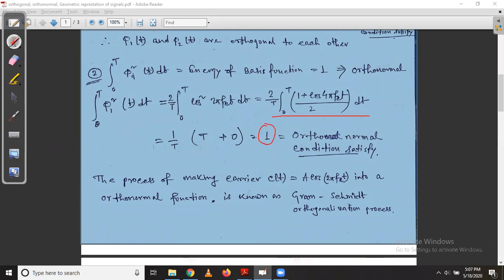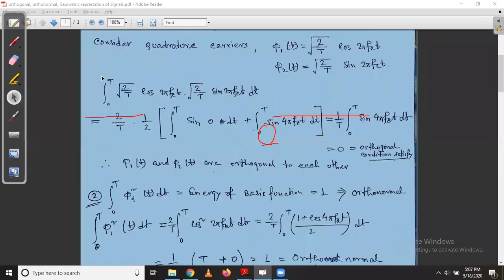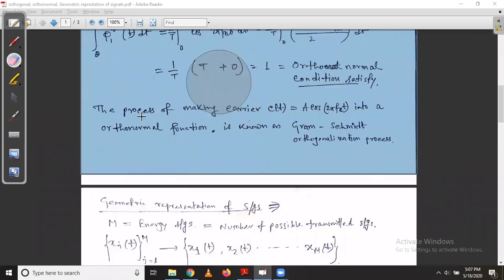That means this is equal to 1, so we can say that this phi 1 is an orthonormal function. The orthonormal condition is satisfied.